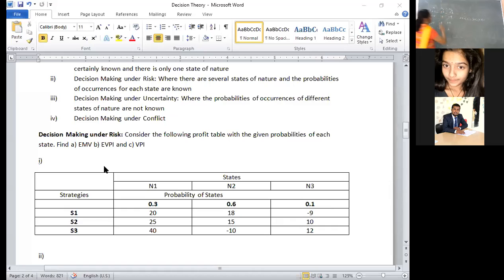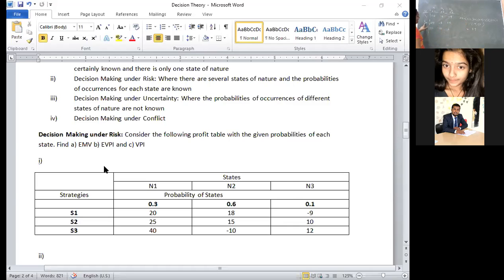S1, N2, the value is how much? 18, into the corresponding probability 0.6, plus S1, state N3, that is minus 9, into the corresponding probability 0.1. Multiply it, then you will get this value as 15.9. For strategy S1, expected monetary value is over.